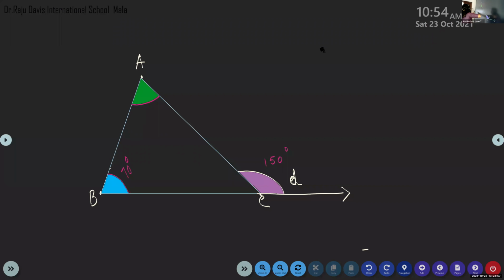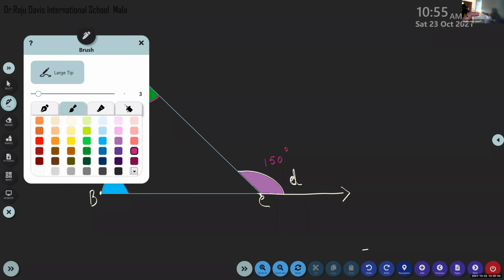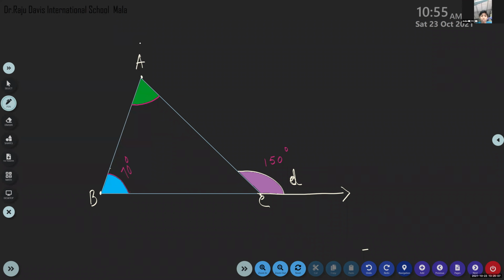Michelle, can you tell me what will be angle A? Think, now we studied, no? Michelle, listen here. I told you, what is this 150? 150 is the total of the two interior opposite angles, isn't it?